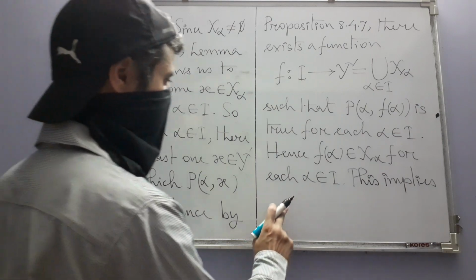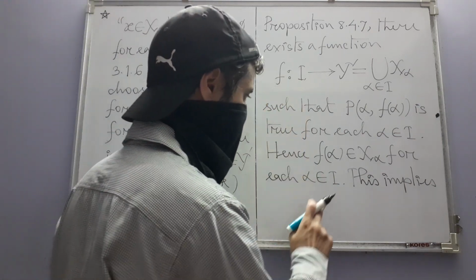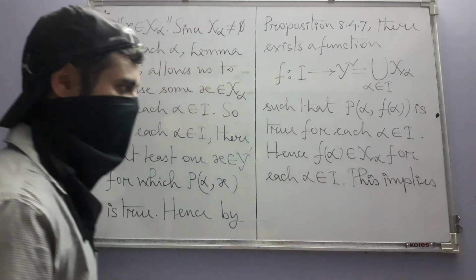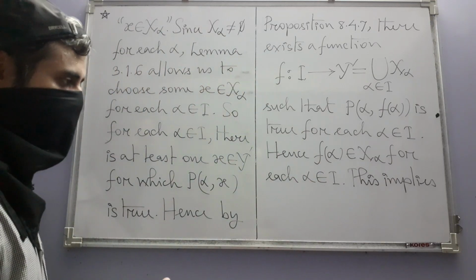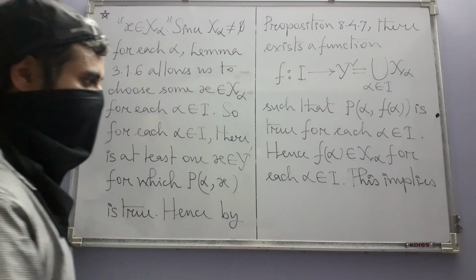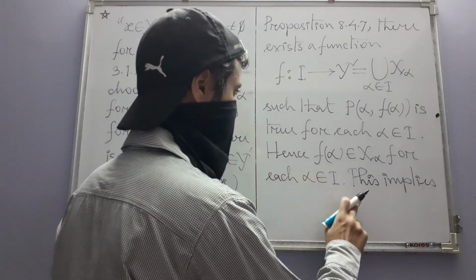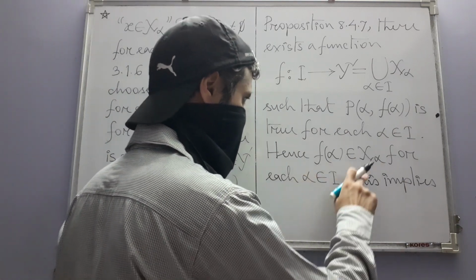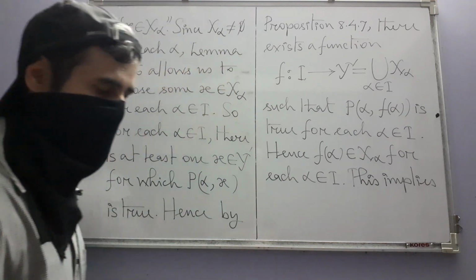This just simply implies that f is nothing but an I tuple, and that too not just any I tuple, an I tuple that actually belongs to the Cartesian product of the sets X alpha.